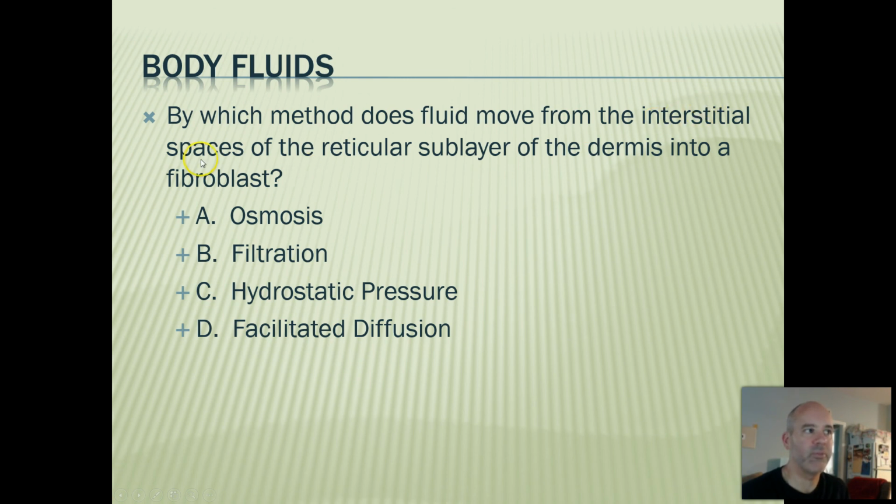All right, interstitial spaces, those are the areas outside of cells within a tissue, the spaces that are surrounding the cells. The reticular sublayer of the dermis. Remember, your dermis is divided up into two sublayers. You've got the reticular sublayer, that's up at the top where you have the papillae of the dermis, the little hills.